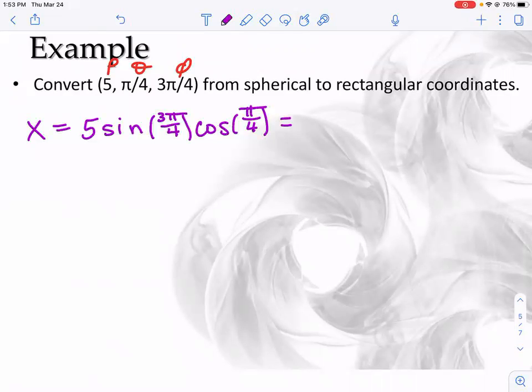What does that get us? Five times radical 2 over 2 times equals 5/2.